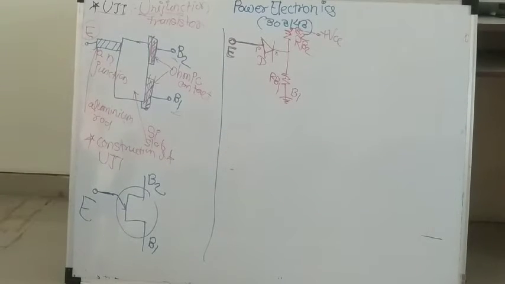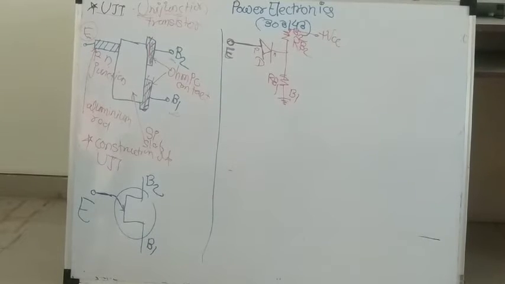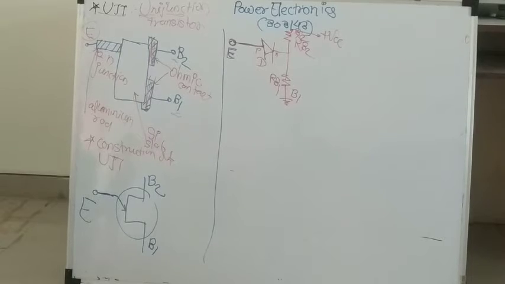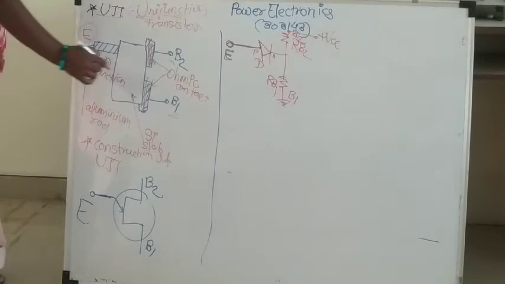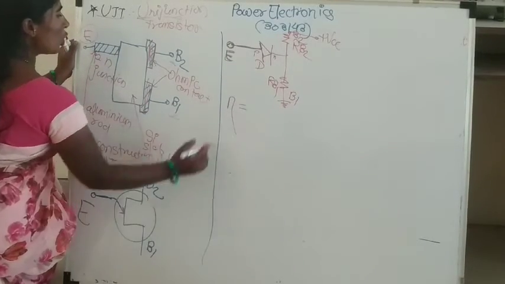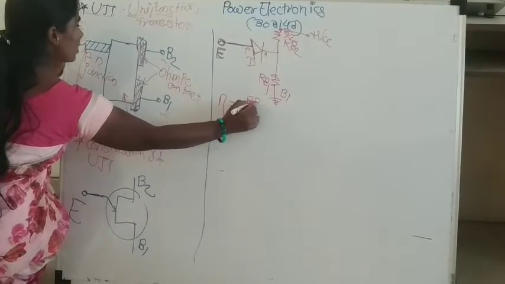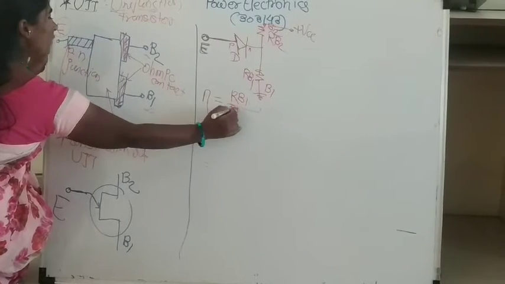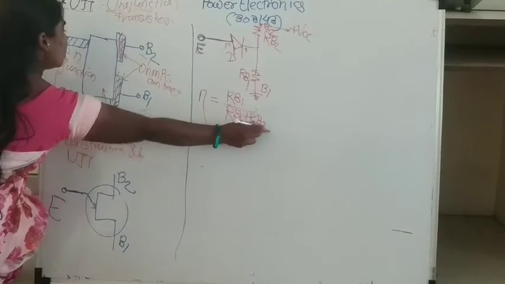Now from this equivalent diagram, we will calculate the intrinsic standoff ratio. Now what is the intrinsic standoff ratio? The intrinsic standoff ratio is nothing but the ratio of the ground side resistance, that is RB1, upon the total resistance, that is RB1 plus RB2.